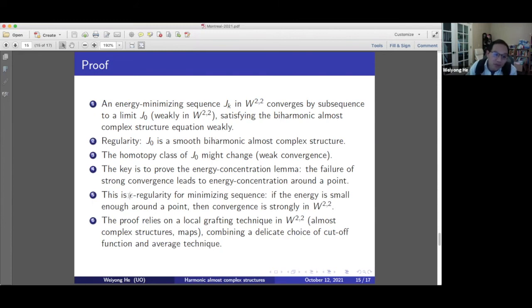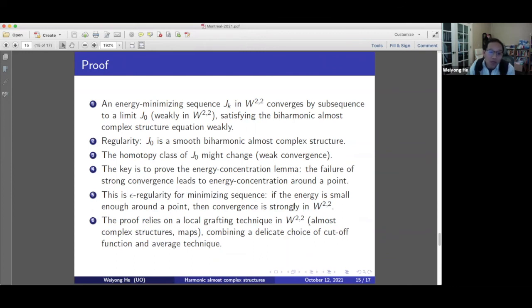This step is an epsilon regularity for minimizing sequences. It is much more delicate than the epsilon regularity for harmonic maps, because for harmonic maps one actually has an equation to work with. Even though that's very involved, here we do not have any equation. So we need to work on a minimizing sequence, and if the energy is small enough around a point, then the convergence is strong in W^{2,2}. That's the key step.